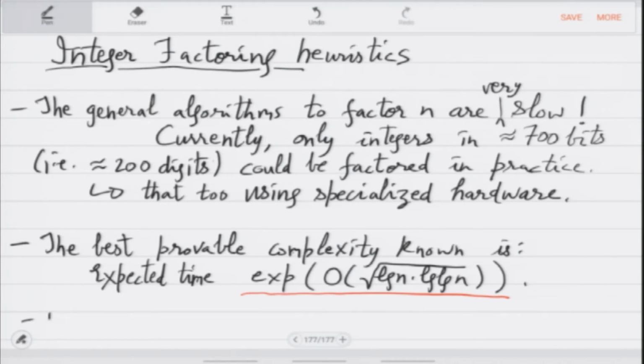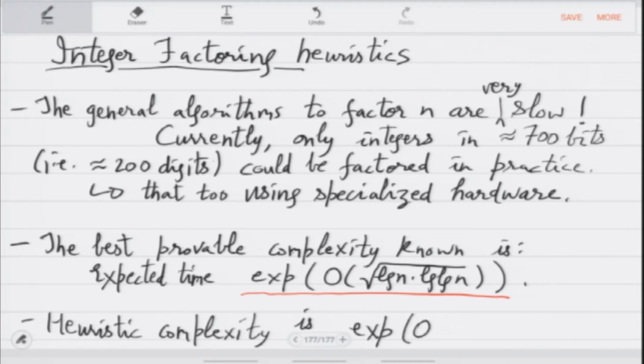And heuristic complexity is slightly better. It is 1/3 here and 2/3 here. Okay, so heuristic is kind of log n to the 1/3.